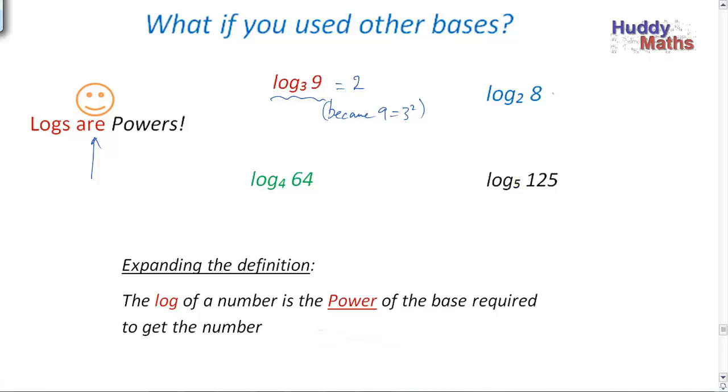What about log to the base 2 of 8? What power do you raise 2 to get 8? Well, that's 3. All right, so if we say logs are powers of the base, then we could maybe do different bases. What about log to the base 4 of 64? Do you want to write it out in full?